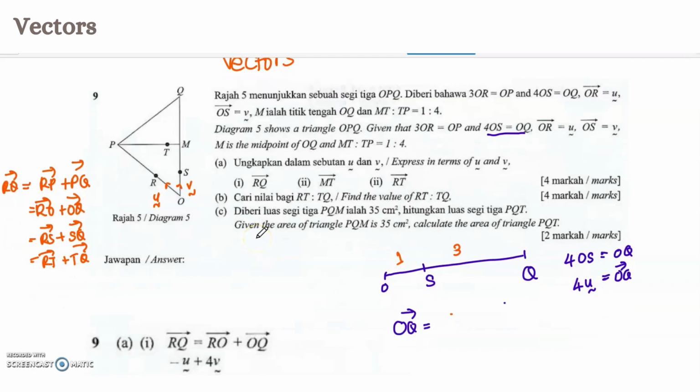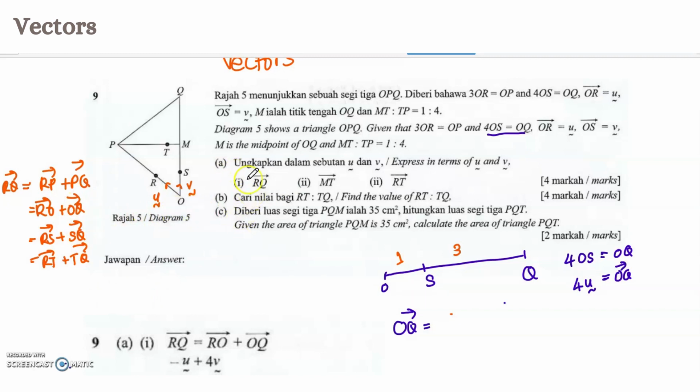Bear in mind that RQ is a vector, which means that we start at the point R and we end at the point Q. You can use any route as long as it's lying on the diagram, and then you can choose which one is the simplest route.